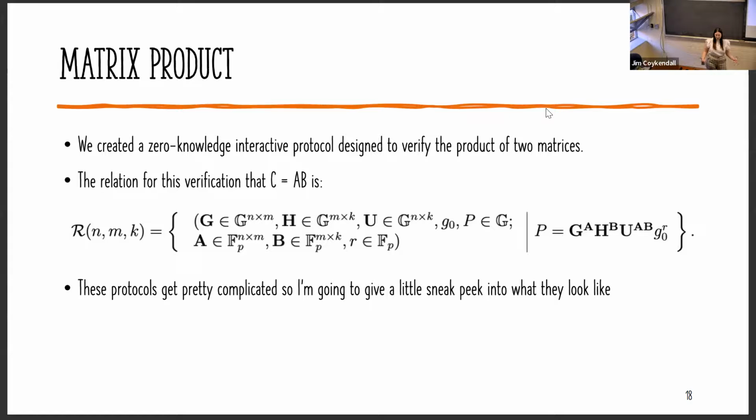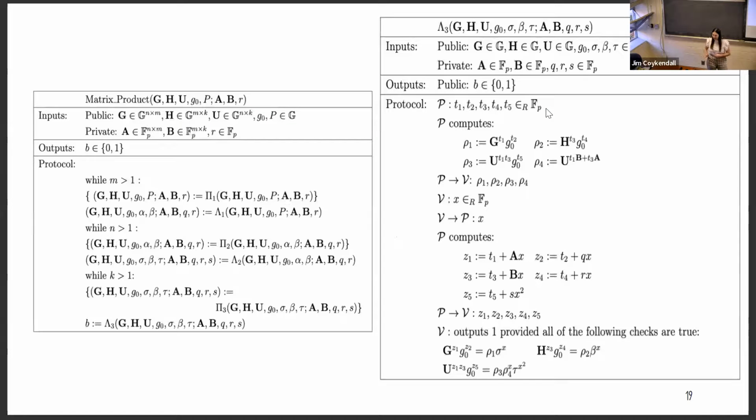So these protocols are a little bit complicated. So I'm just going to show you a sneak peek of what it looks like. This one on the left is the full protocol for our matrix product. Inside of it, there are 6 sub-protocols: pi 1, 2, and 3, and lambda 1, 2, and 3. But you can see, the same as the relation that I just showed you, the inputs are our public values and our private values.